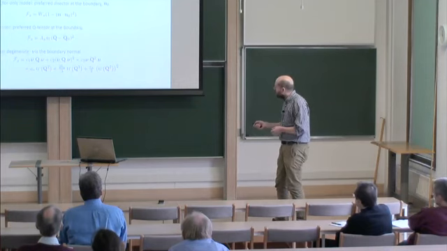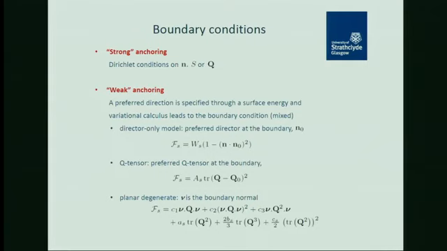There are two parts to this. The first three terms understand where the surface normal, nu, is, and they're setting the eigenvectors of Q so that one of them lies in the plane of the substrate.